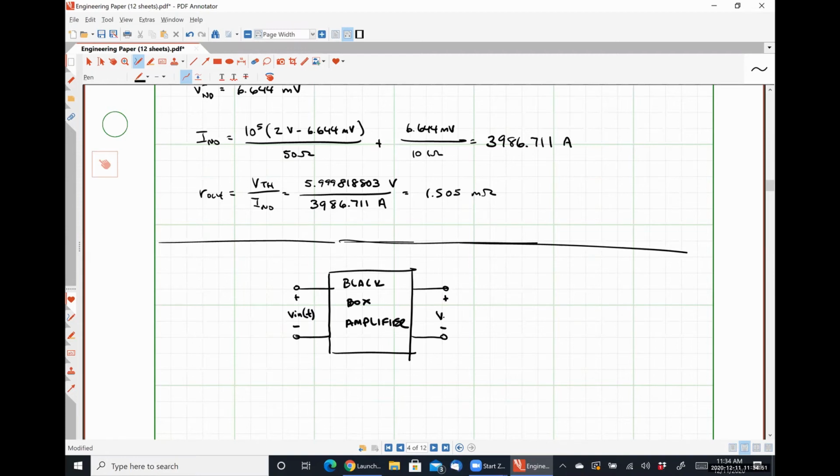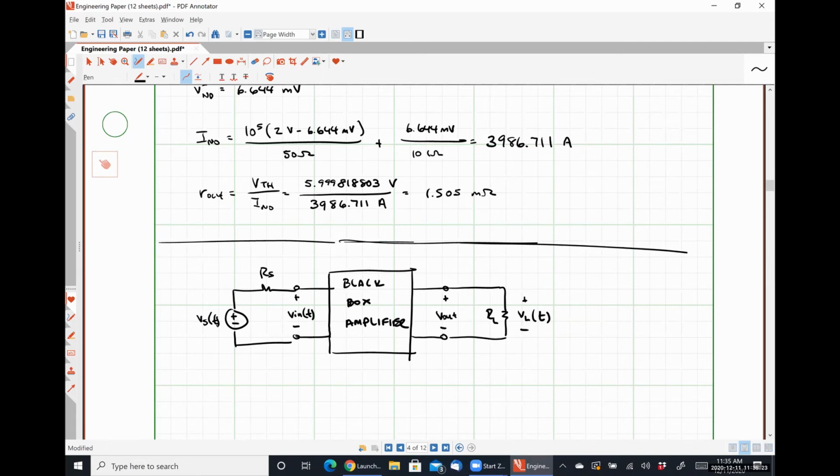This is the output voltage across the output of the amplifier, connected to some load resistance, RL, so that we get a true output voltage of the system, VL, as a function of time. And on the left-hand side, we had a practical source, RS, with our source voltage, Vs of t.